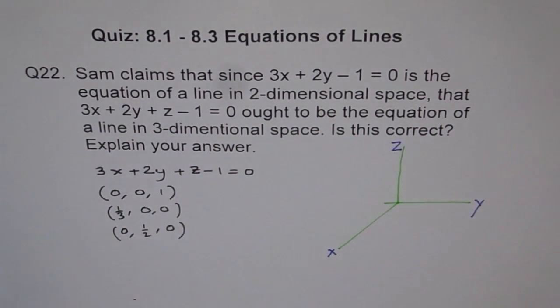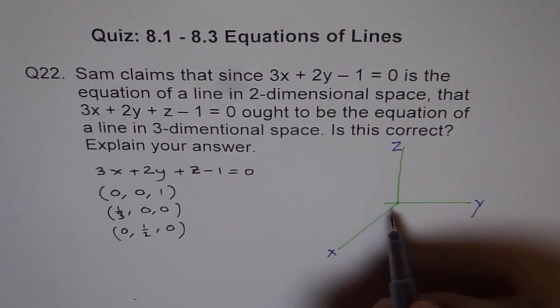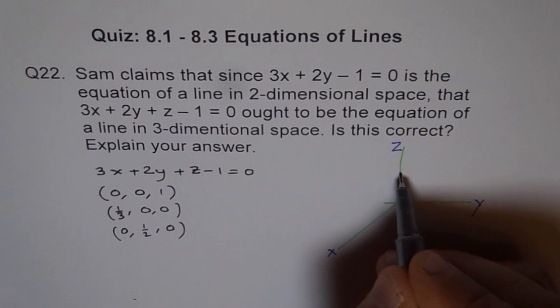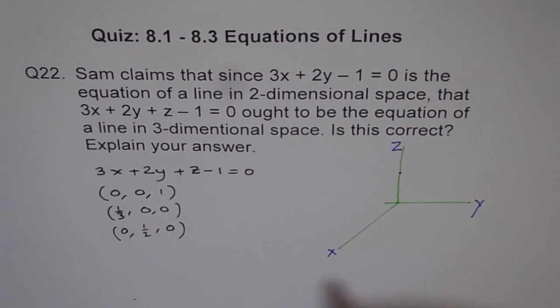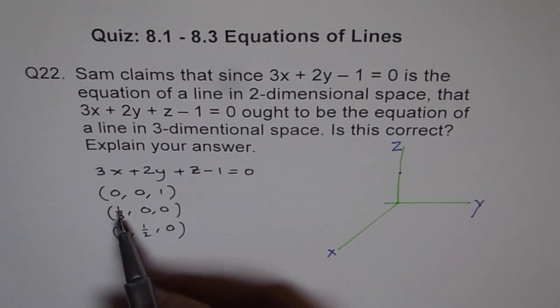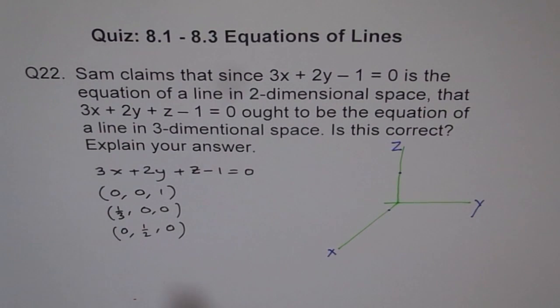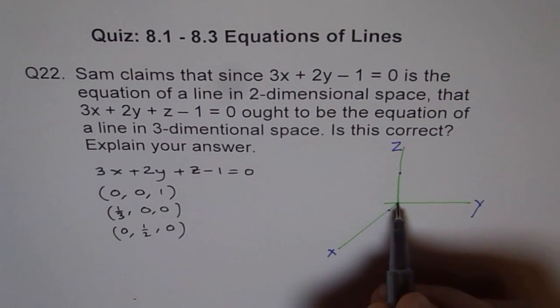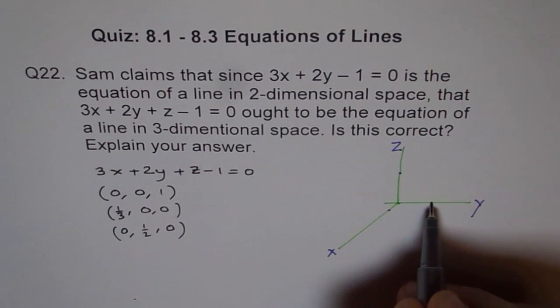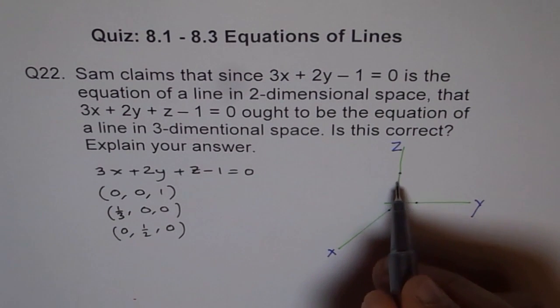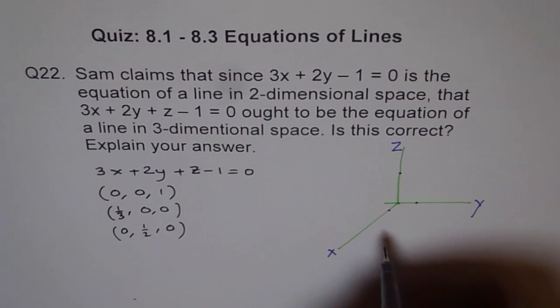The point (0, 0, 1) is here. For the point with x equal to 1/3, 1 is here along the x-axis, so 1/3 will be about here. And along the y-axis, (0, 1/2, 0): this is 1 for us, so a half is here. So we got 3 different points on 3 different axes, right?